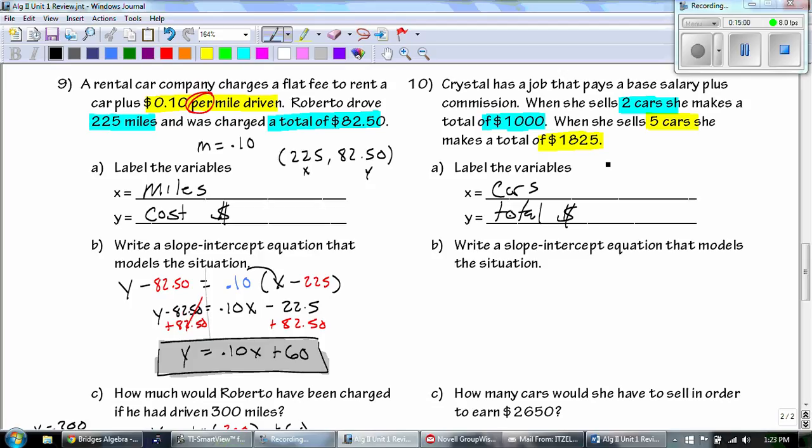But if they gave us 2 points and we have to write the equation, that means you have to find the slope first, and then we can go into point-slope to solve it. I'm going to let you do that on your own. Go ahead and pause the video, and good luck.